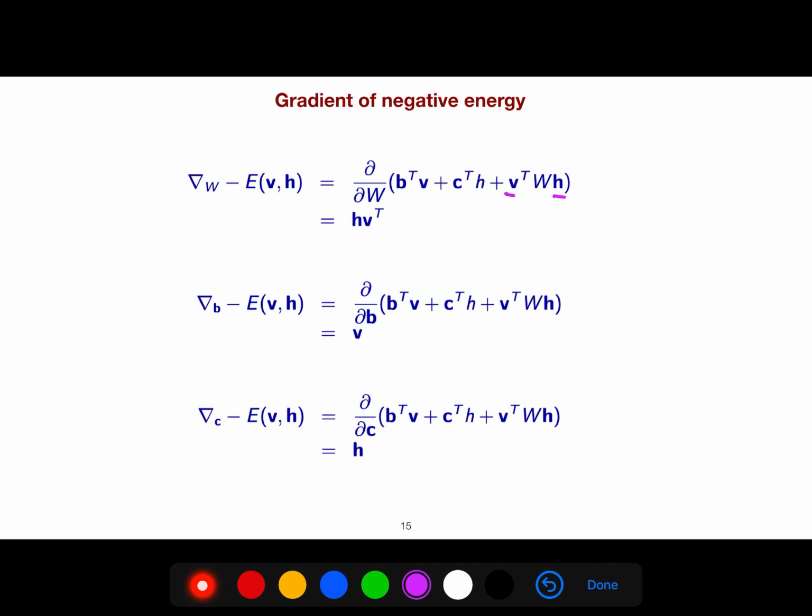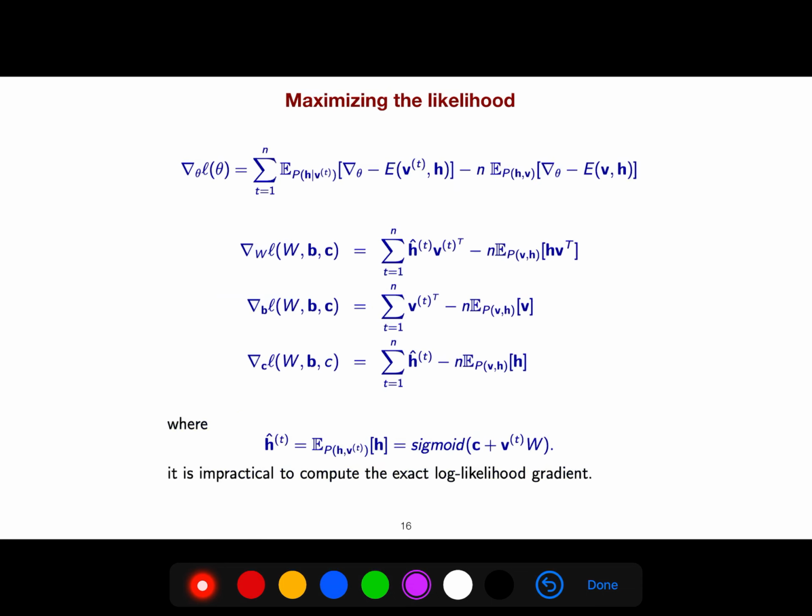The derivative with respect to B is V. The gradient with respect to C is H. This term becomes 0, so it remains H. And if you go through that, you can calculate, but it is impractical to compute the exact likelihood gradient.